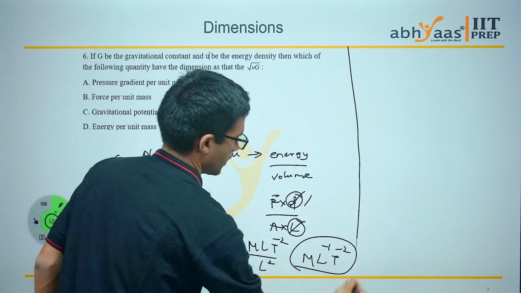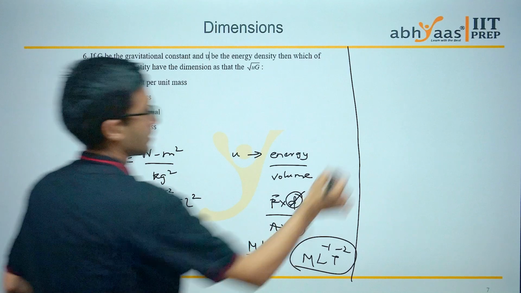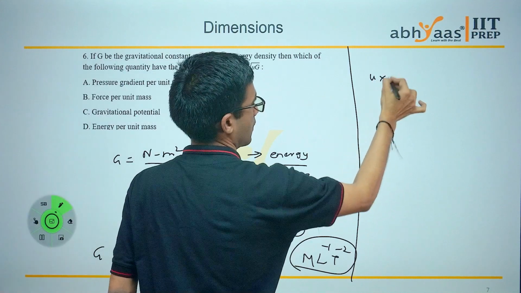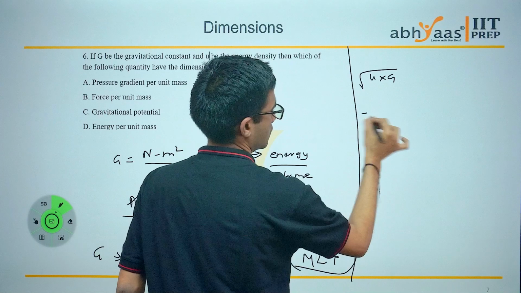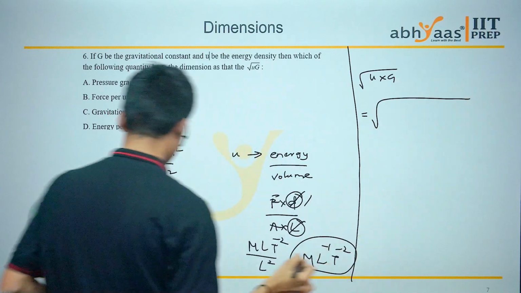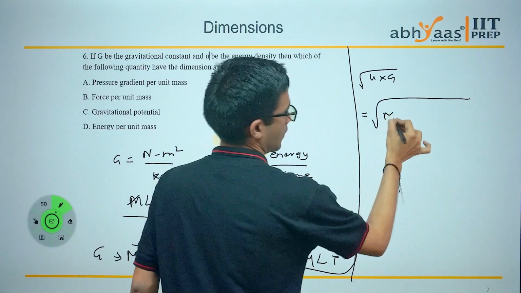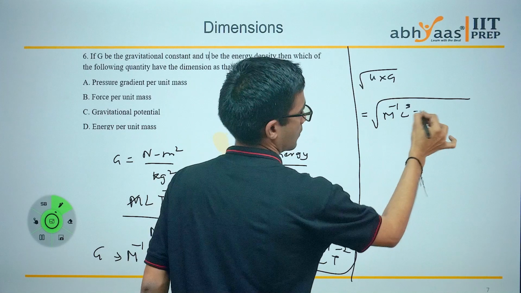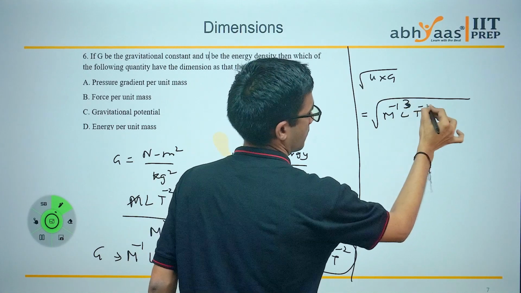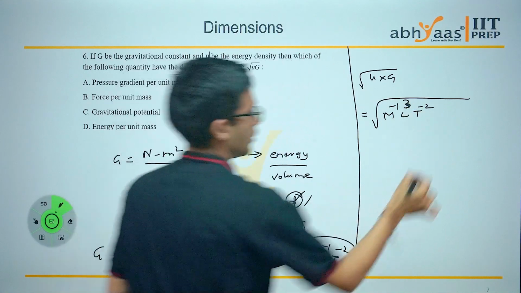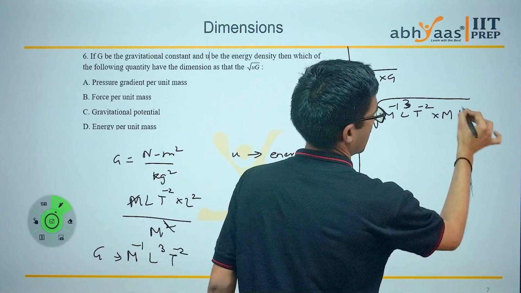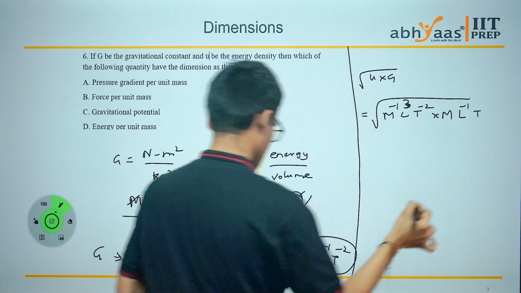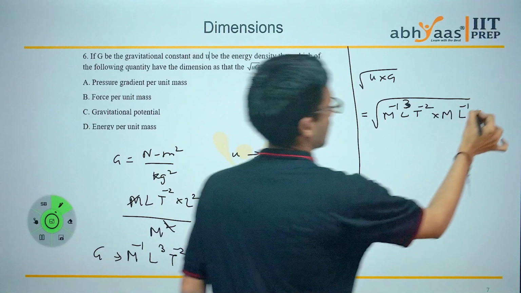If you observe here, what is the question? Root of U into G. So I am taking directly M power minus 1 L cube T power minus 2 into M L power minus 1 T power minus 2. Okay.